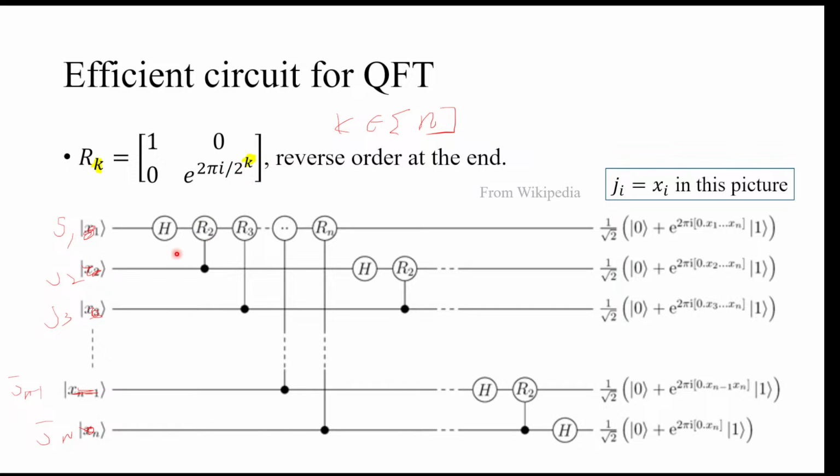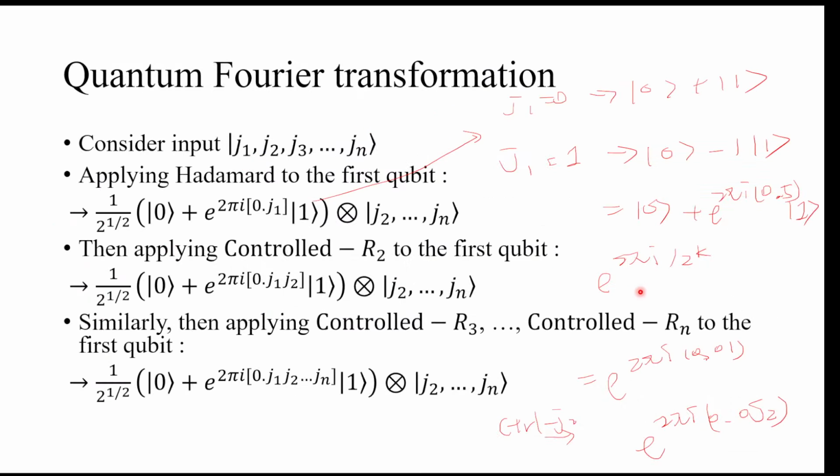So when j2 equal to 1, we'll apply e to the 2 pi divided by 4, and that's basically e to the 2 pi 0.01 in terms of binary fraction. So you get the extra 0.01 vector, and they add together with this 0.j1 vector, so you get 0.j1 j2 here.